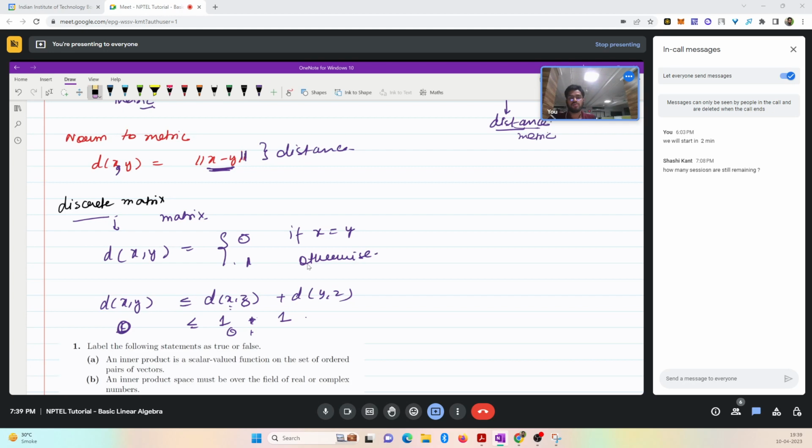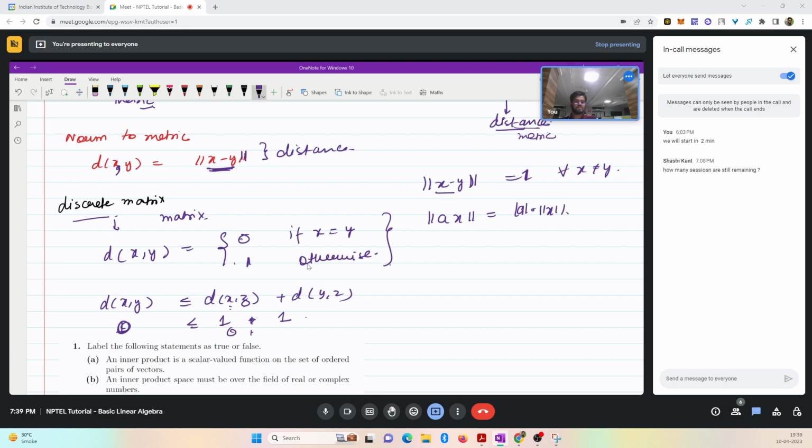Now if you look at this discrete metric, let's say it came from a norm, so that the norm of x minus y is 1 for all x not equal to y. Now there is a property of norm that the norm of a times x must be equal to mod of a times the norm of x.